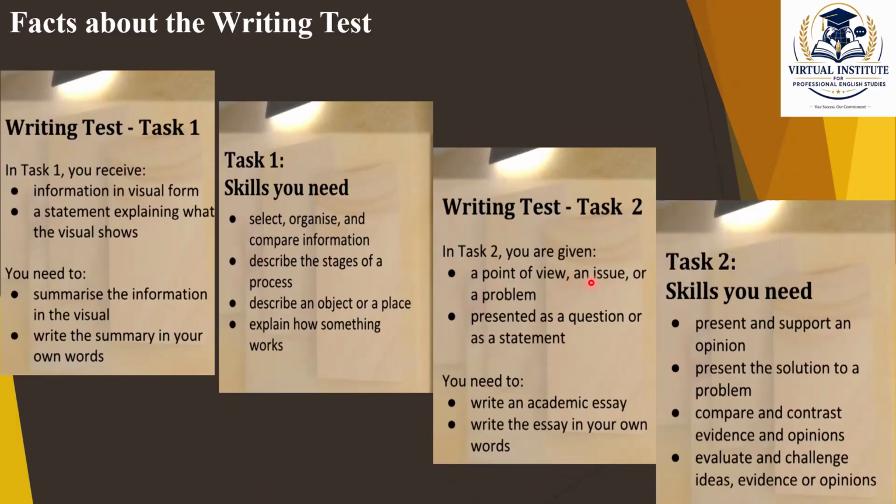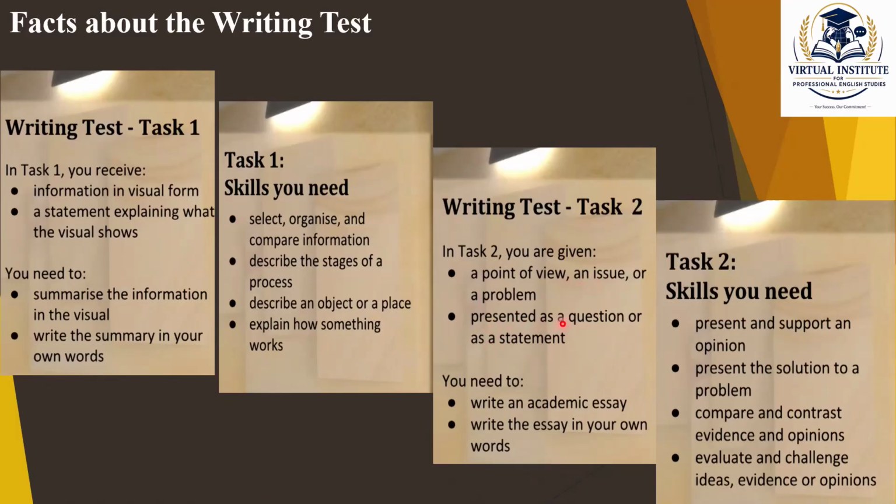If there is a problem, for example, climate change, global warming, this is a problem. So if something like this is given to you, you will be asked to give the causes of why we have this problem, and then the solutions as well, or the effects as well. So it totally depends on the type of questions you get in task two.